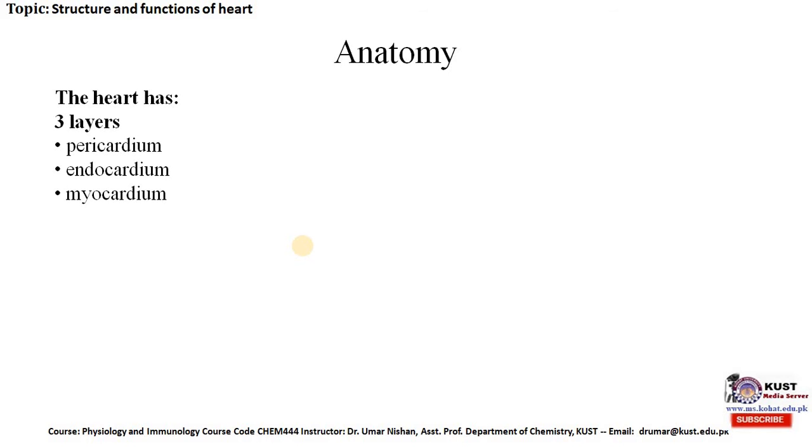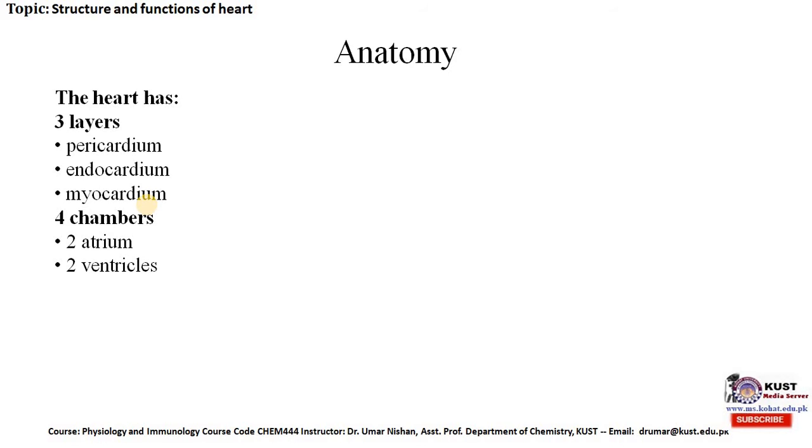The heart has three layers. One is called pericardium, the other one is called endocardium, and the third one is called myocardium. So heart consists of these three layers: pericardium, endocardium, and myocardium. Heart has four chambers.